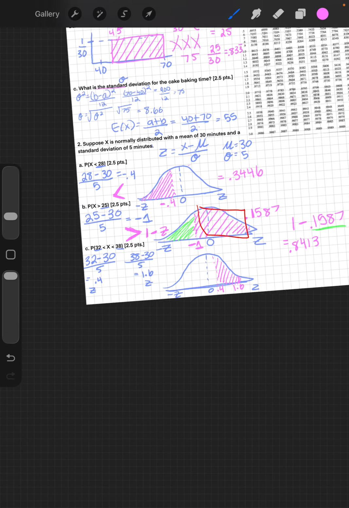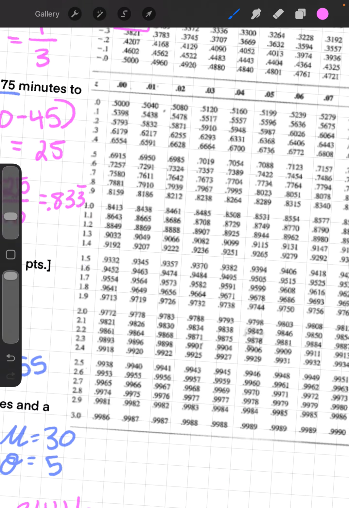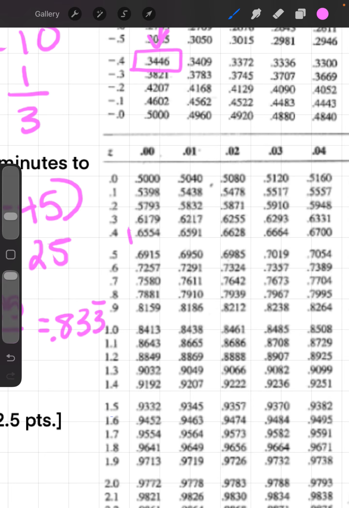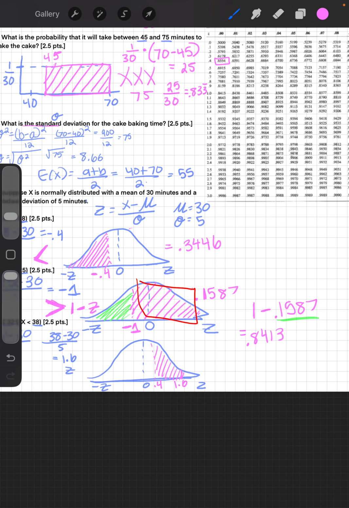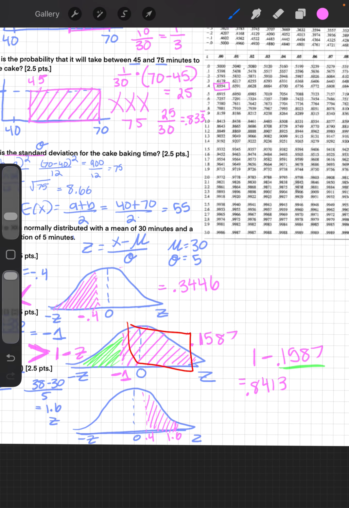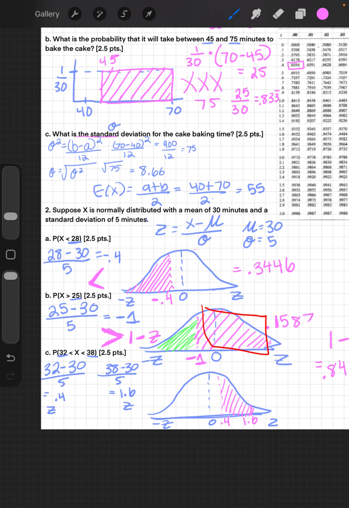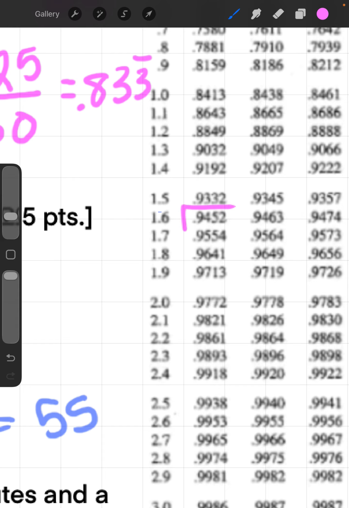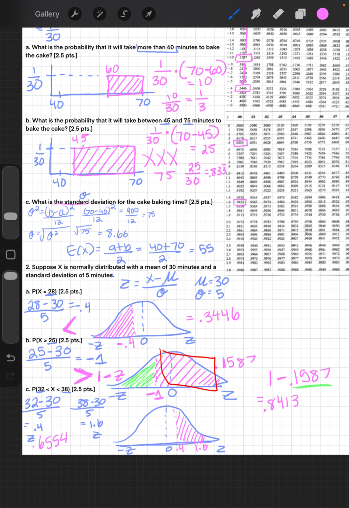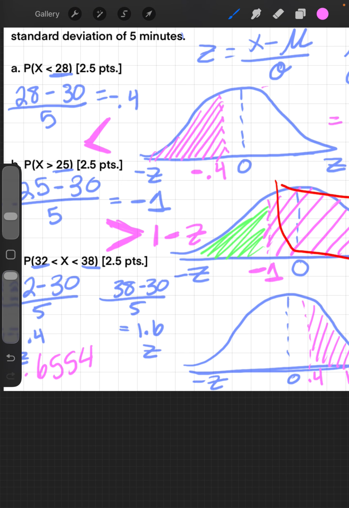Okay, so 0.4 is 0.6554. 0.6554, and 1.6 is 0.9452. 0.9452.